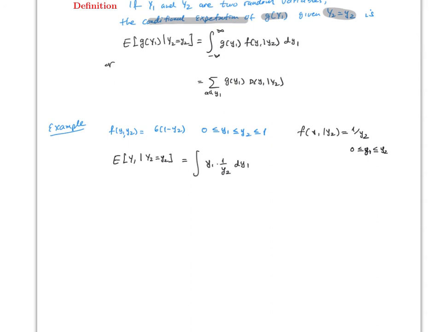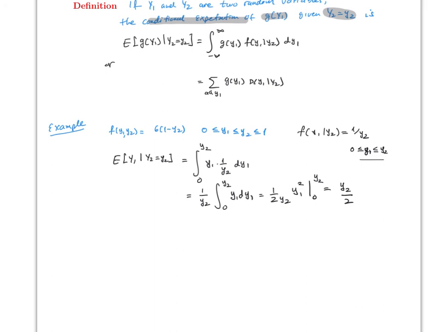Remember that y1 goes from 0 to y2, so this is the integral of 1 over y2, because that's a constant now, from 0 to y2, of y1 dy1, which is 1 over 2 y2 times y1 squared from 0 to y2, and this is technically just y2 over 2.